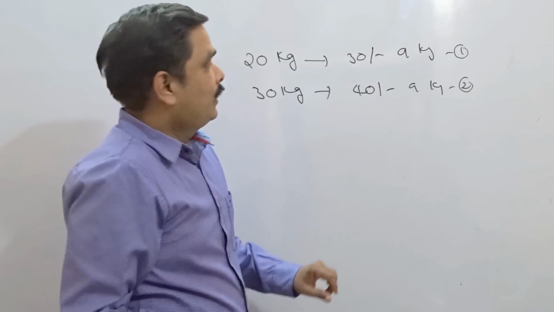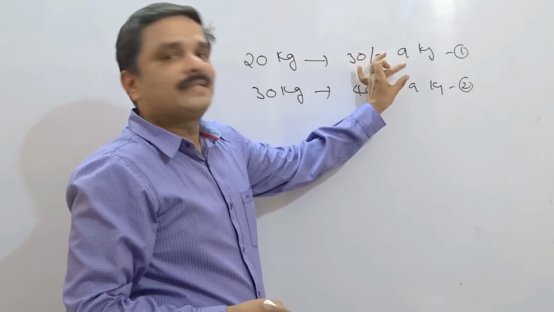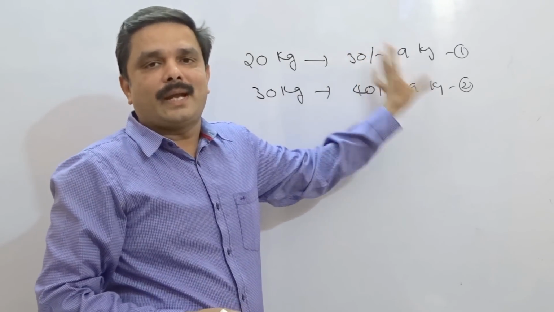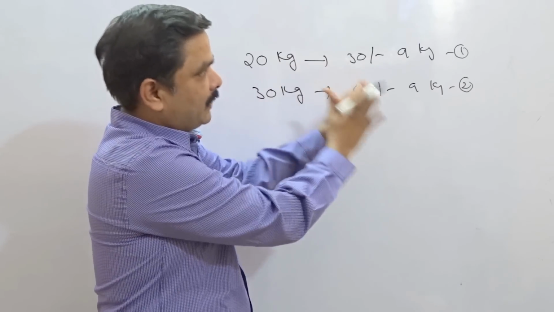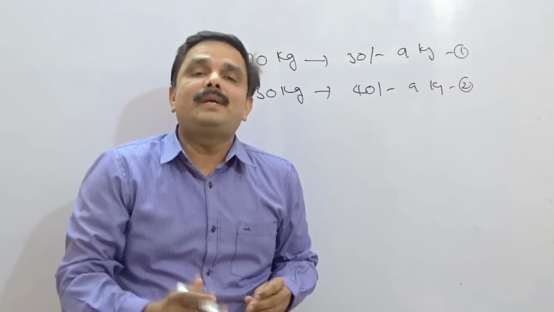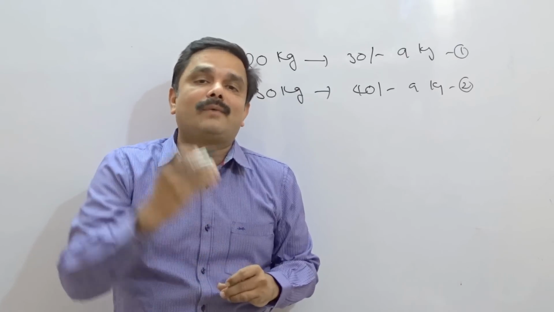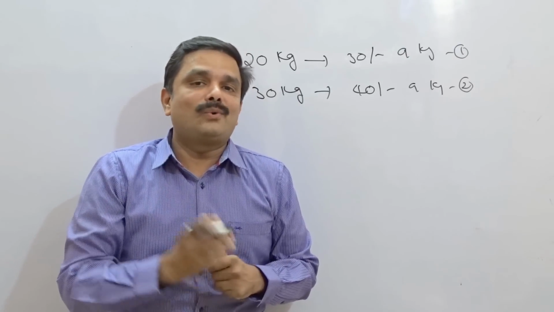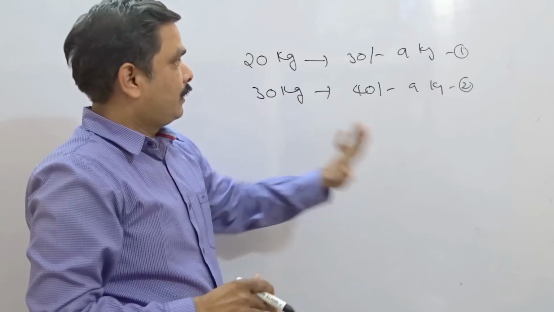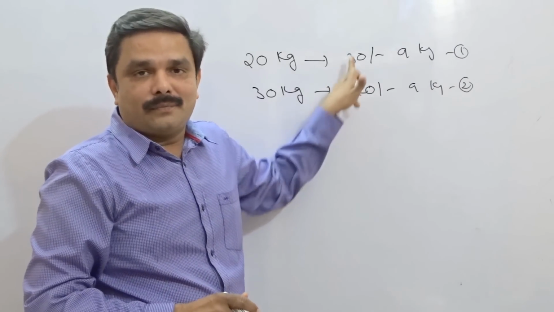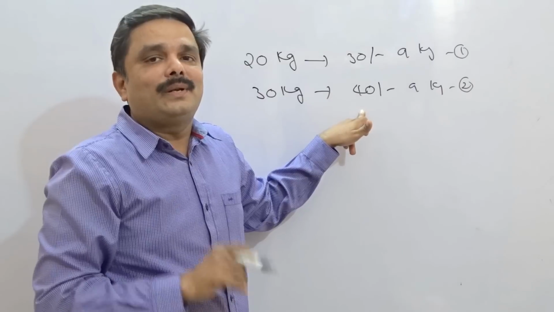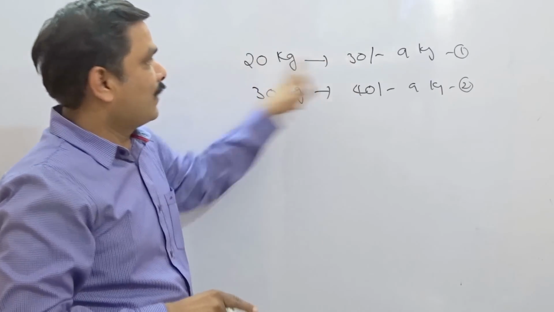Now, if he wants to mix these two, what should be the price per kg of the mixture? We cannot simply get that by taking the average of 30 and 40, because the quantities differ here.